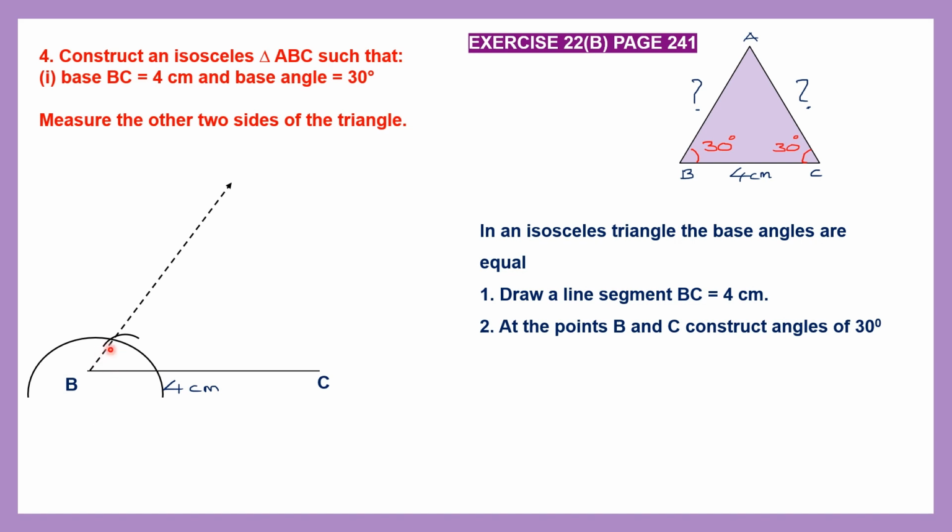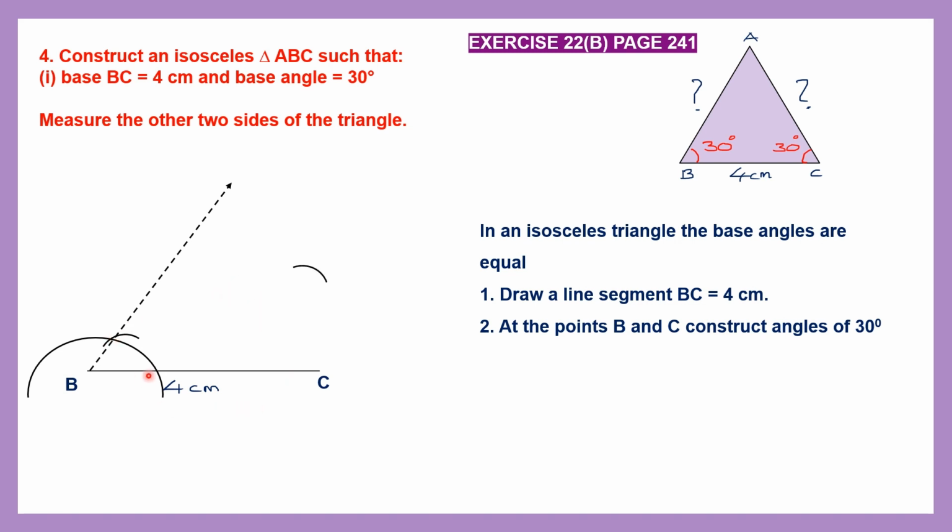So this angle is 60 degrees. We have to bisect this. That means we have to make it smaller, divide it into two equal halves. That means it's going to come here somewhere. Our 30 degrees will come exactly half of this. So for that, what do we do? We place a compass here at this point and place the compass needle here and get two arcs.